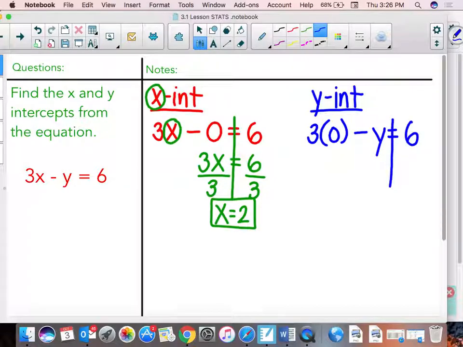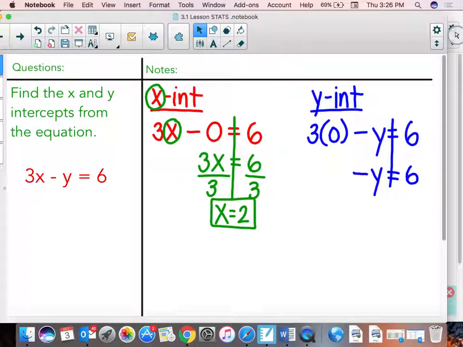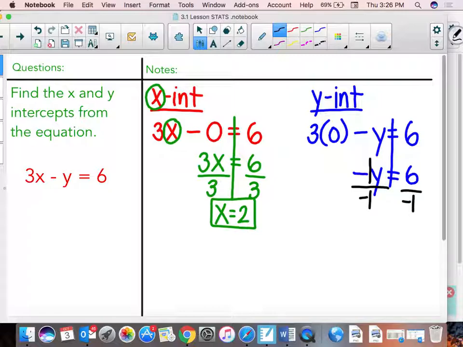Biggest mistake people make on this problem is they write y, but it's not y. It's a negative y, and that's a big deal. We do not want to solve for a negative variable. We know that negative y is the same as negative 1y. Divide both sides by negative 1, and you get a y-intercept of negative 6.